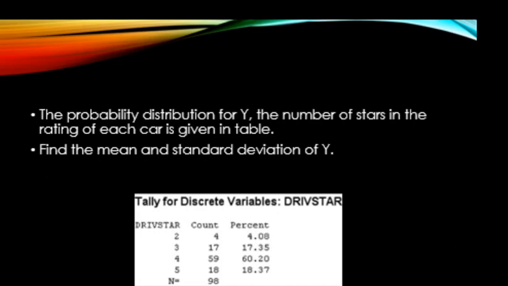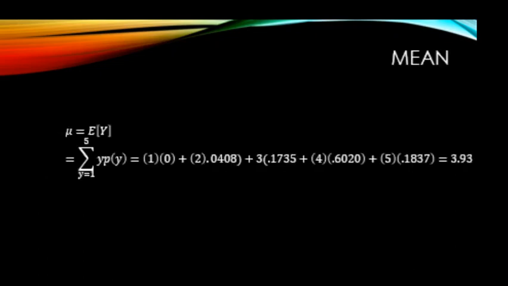Okay, so let's try this. Let's calculate the mean and standard deviation for the car data that we just saw with the star rating and the distribution. We want to find the mean star rating and the standard deviation for the variable y. First, let's calculate the mean. Mean is the expected value of y, and it is the sum of all y's times their probabilities.